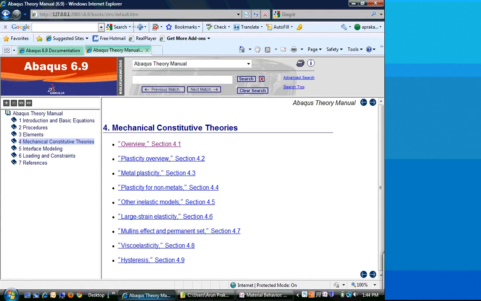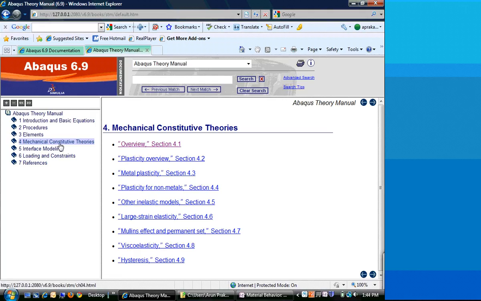So this is the theory manual for Abaqus, and if you look at how it is arranged, there is this fourth chapter which is all about material constitutive theories. The first couple of things are mainly about how to solve different equations. We've talked about that a little bit, but procedures and elements is all this course is about.